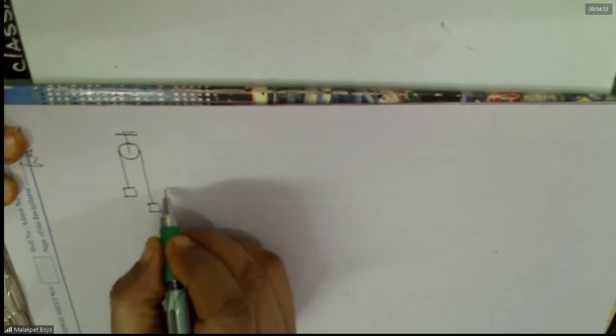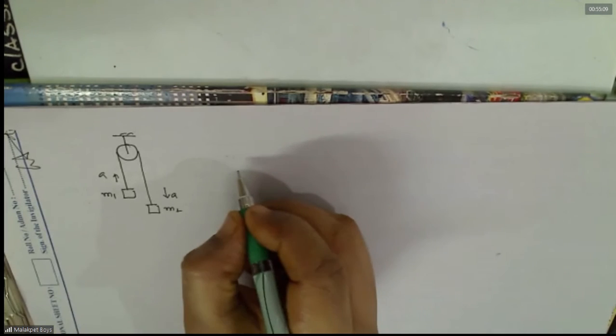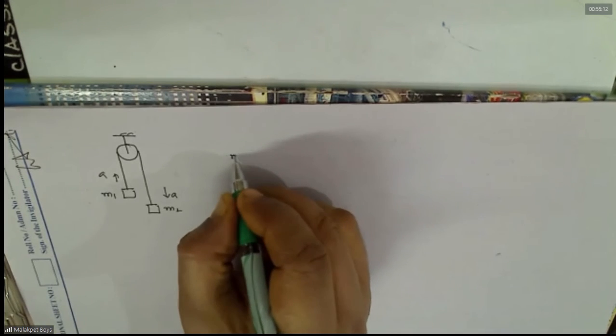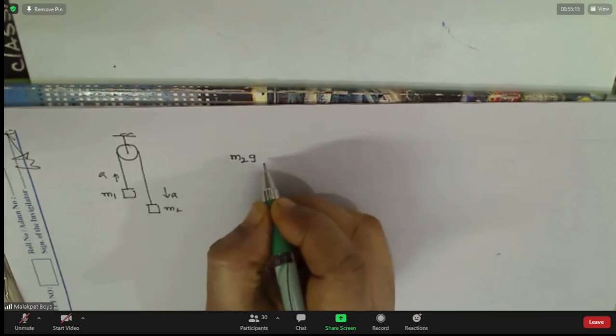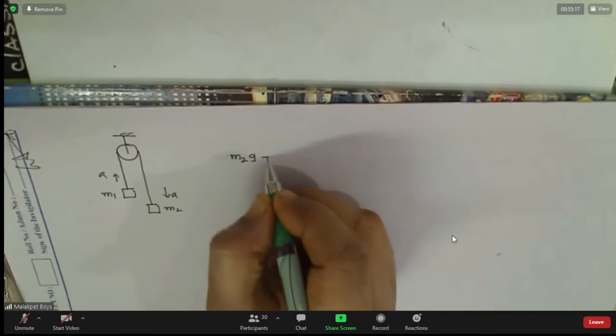See, you can do many problems by a simple shorter method. Here you are taking the acceleration down. Now what is the unbalanced force? M2G is more than M1G, that's why it goes down. What is this called?